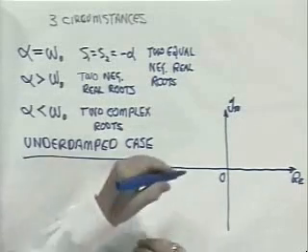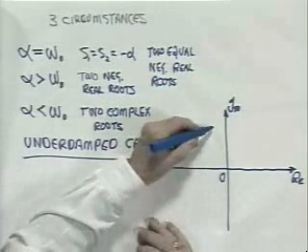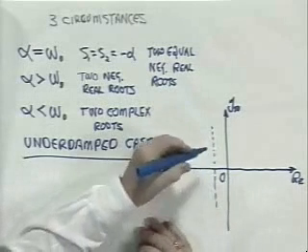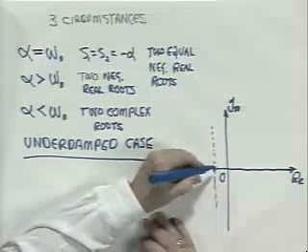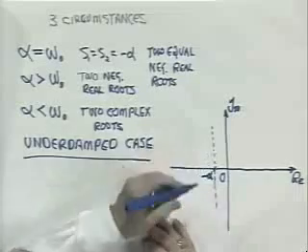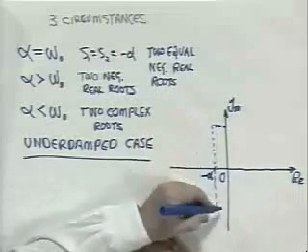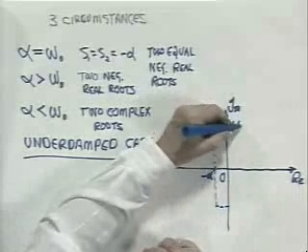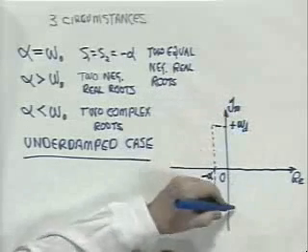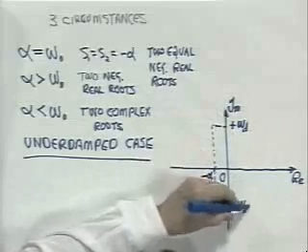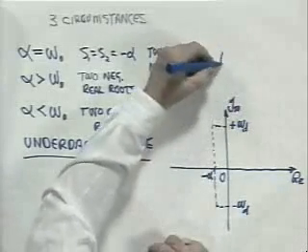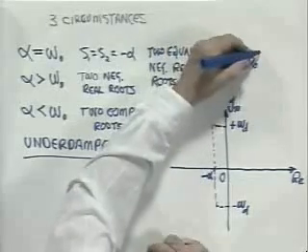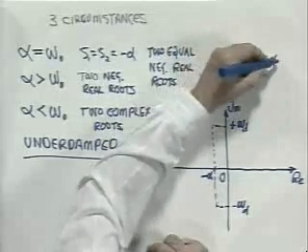The complex roots for alpha less than omega naught reside at a negative value on the real axis, that is, this intercept is minus alpha, and the intercepts on the imaginary axis are plus omega d and minus omega d, where omega d is just the square root of omega naught squared minus alpha squared.